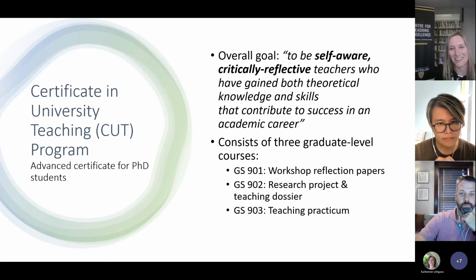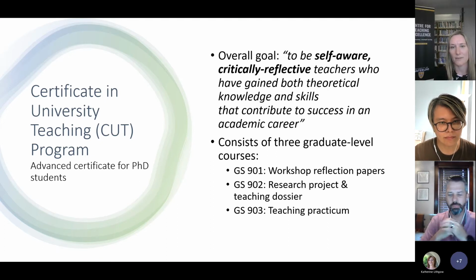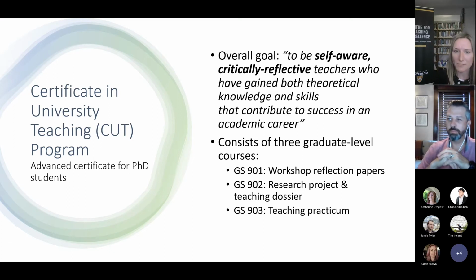CUT consists of 3 graduate level courses, GS 901, 902, and 903. In 901, we focus on workshops and reflection papers. 902 consists of participants doing a research project on teaching and learning and then putting together a teaching dossier, which is a key document for academic applications, but also a way for them to reflect on their teaching and make a portfolio about their teaching.